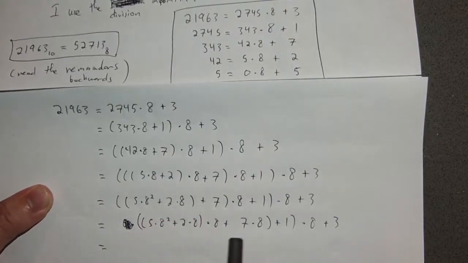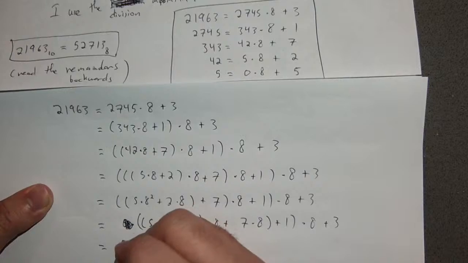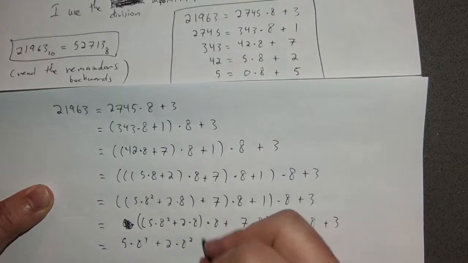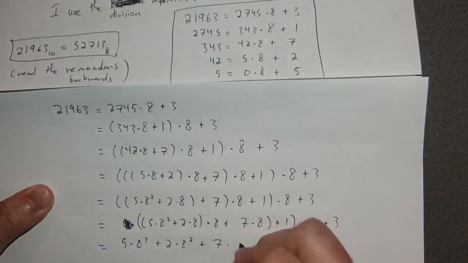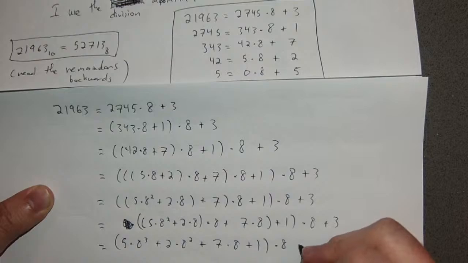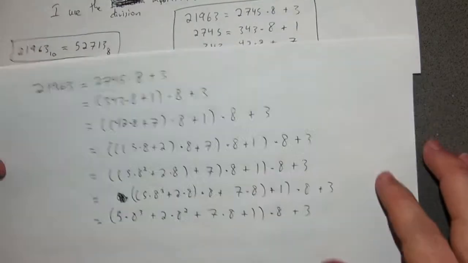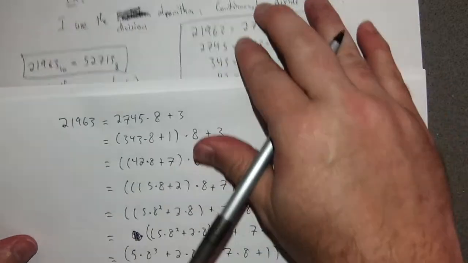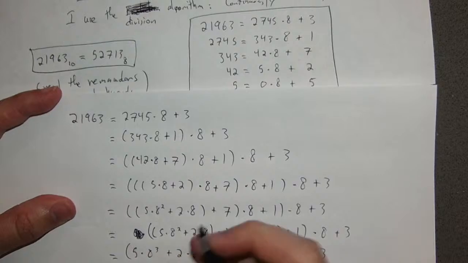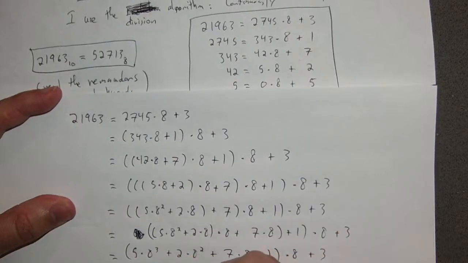So this is here 5 times 8 cubed plus 2 times 8 squared plus 7 times 8 plus 1, and all that is multiplied by 8 plus 3. So again, what do I get here? So this is 5 times 8 to the 4th plus 2 times 8 cubed plus 7 times 8 squared plus 1 times 8 plus 3.